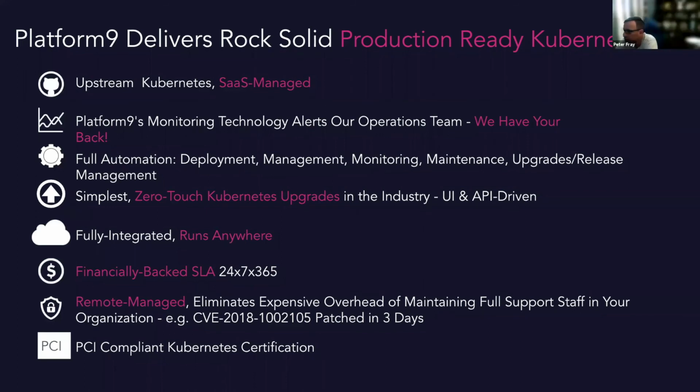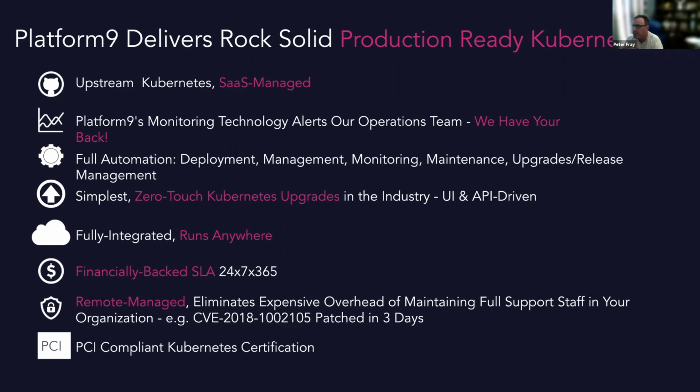Thanks, Gotham. So I'll switch a little bit to talk about Platform 9. I'll do 2 slides here. All of Gotham's best practices and the lessons he's learned running Kubernetes in production have transitioned back into our product, right? What Platform 9 does is deliver rock solid, production-ready Kubernetes.